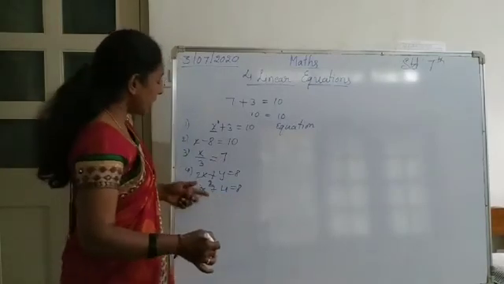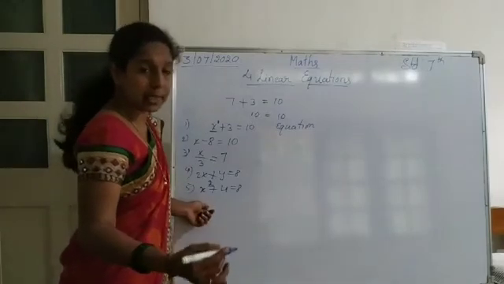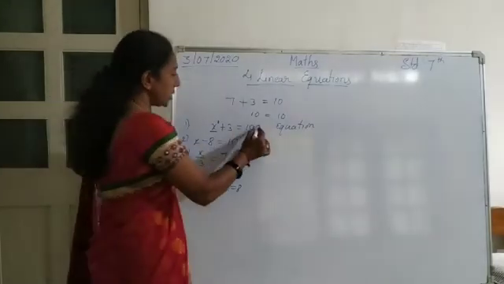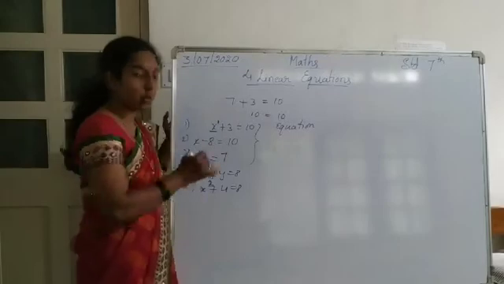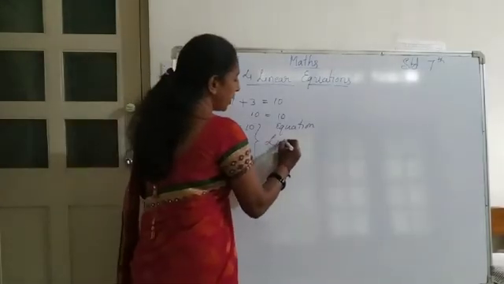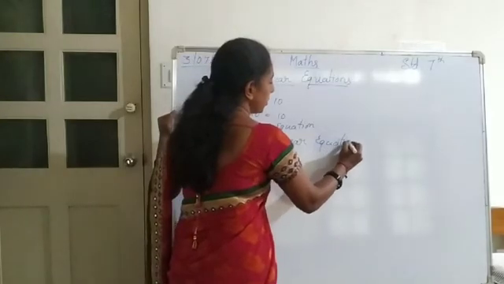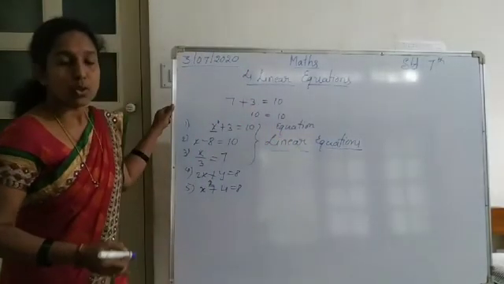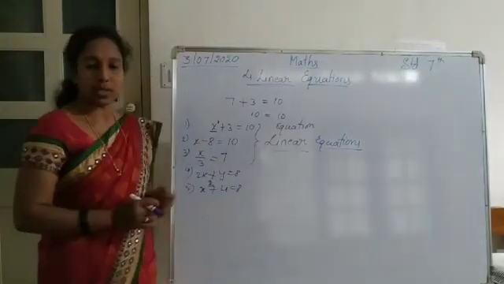So we say this is a second degree equation. These three, where the power of x is only 1, we call linear equations. This year we are going to learn about these linear equations.